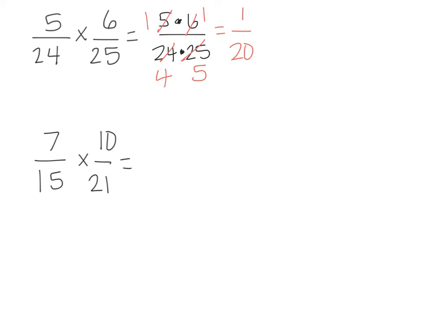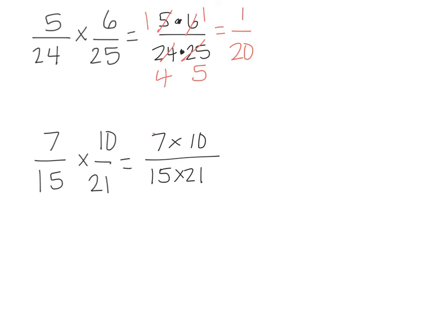That's a lot easier than trying to multiply 24 times 25 and then simplifying that fraction down. Let's do another one just so we can see it one more time. 7 15ths times 10 21sts. So it would be 7 times 10 over 15 times 21. Do you want to do 15 times 21? I didn't think so. So let's look at their partners here.